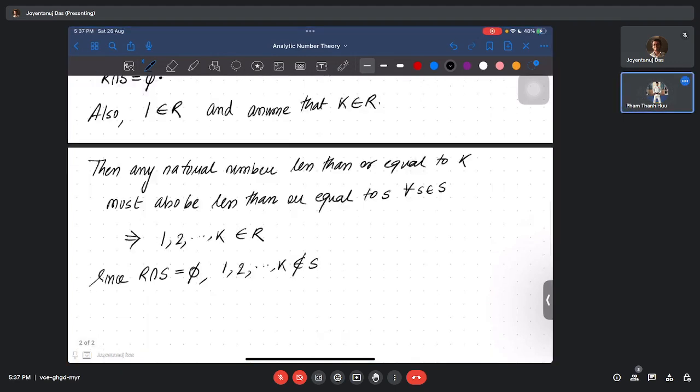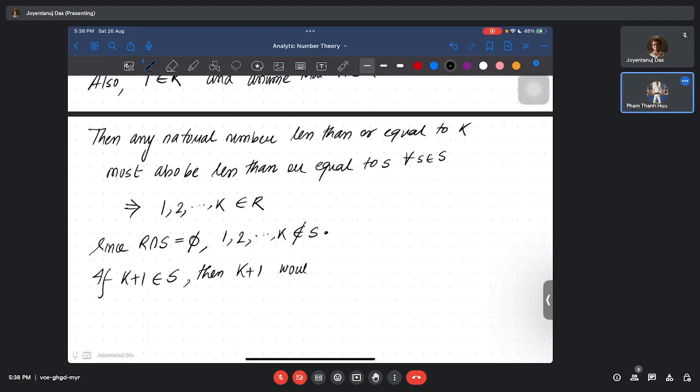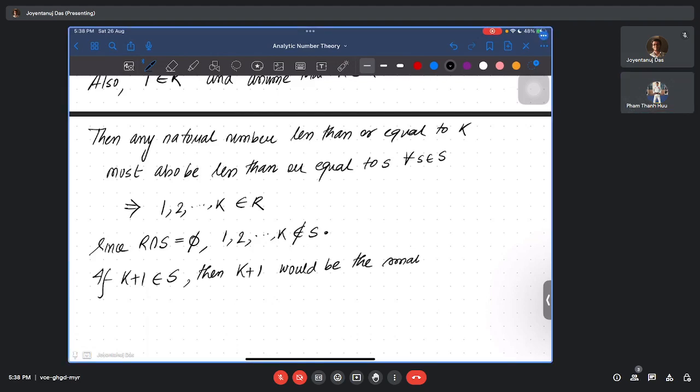Now suppose k plus 1 belongs to S. If k plus 1 belongs to S, then k plus 1 would be the smallest element, right? Because all the elements 1 up to k do not belong to S. So it would be the smallest element of S. But that is a contradiction, right?